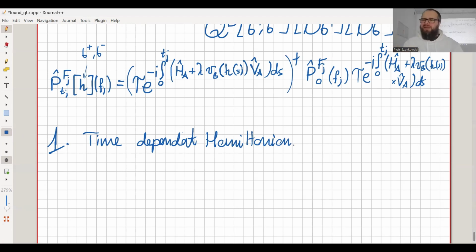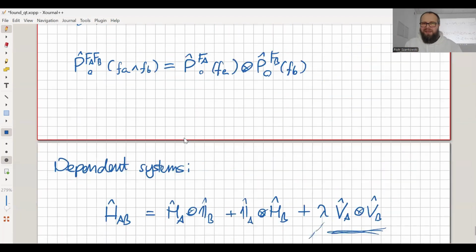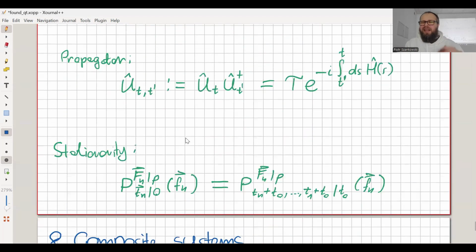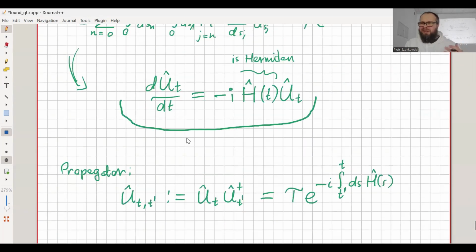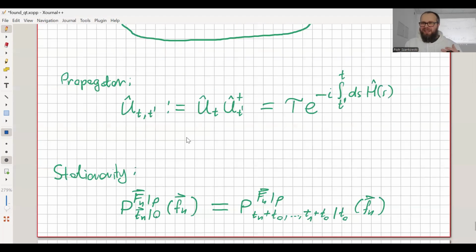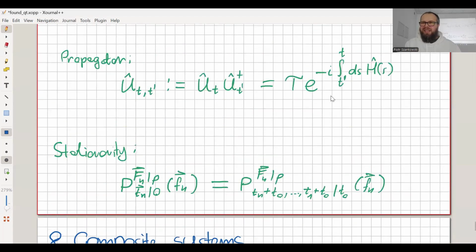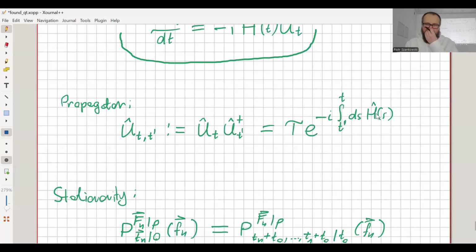Before the break, we found that if you want stationary probability distributions and so on, Hamiltonians, the generators of evolution, should be constant.